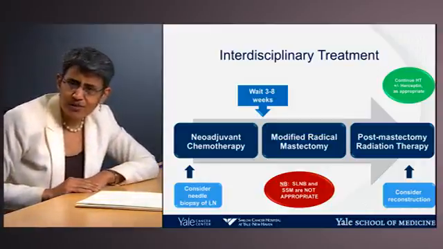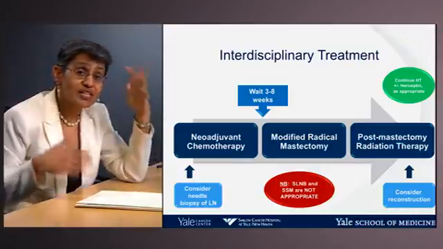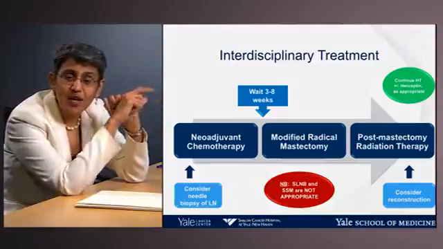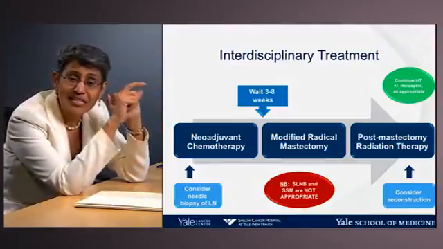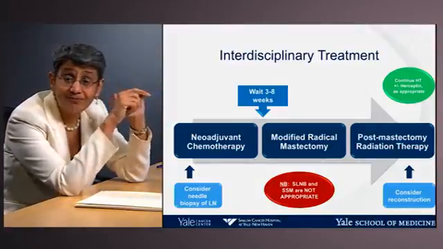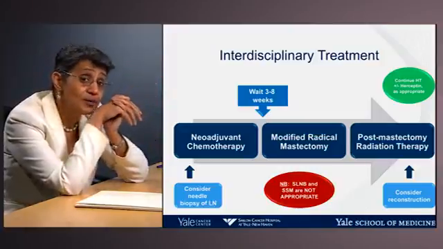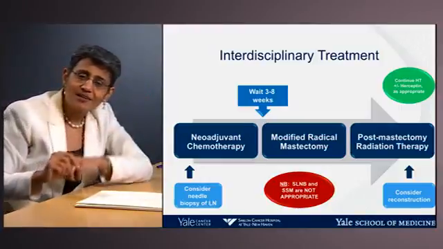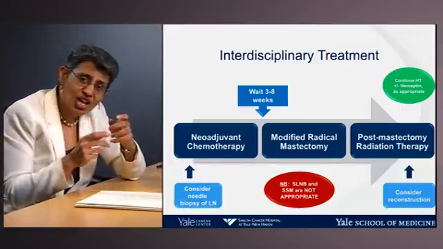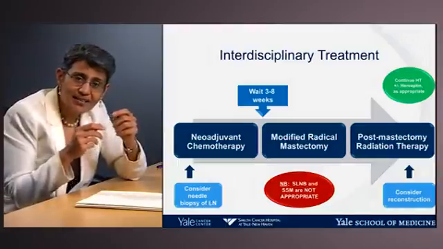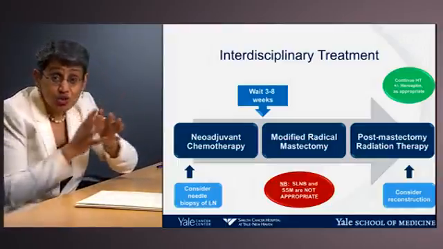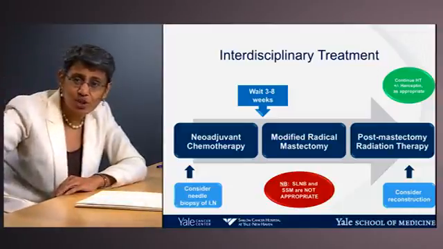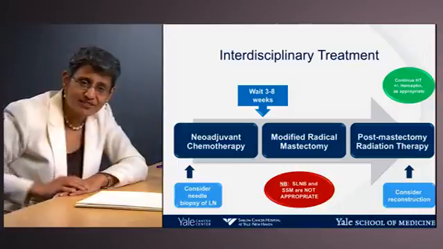What about lymph nodes? Remember when we talked about lymph nodes, we had talked about sentinel lymph node biopsy? This is one circumstance in which a sentinel lymph node biopsy does not work. And you can imagine, now that you know about sentinel lymph node biopsy, why that would be the case. Remember in sentinel lymph node biopsy, we talked about injecting a radioactive tracer and a blue dye into the breast, and that those track through the lymphatics to get to the lymph nodes so that we can identify which are those sentinel or first draining lymph nodes?